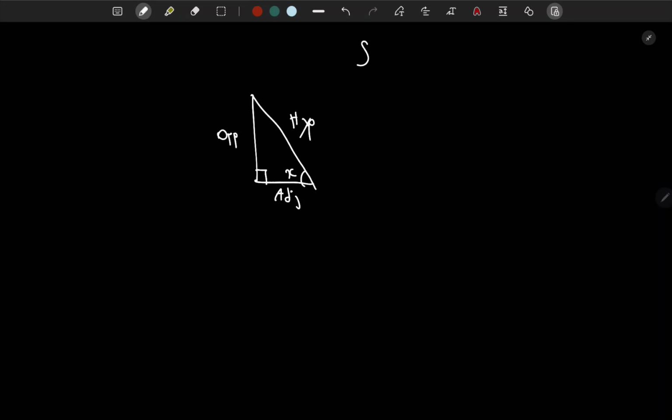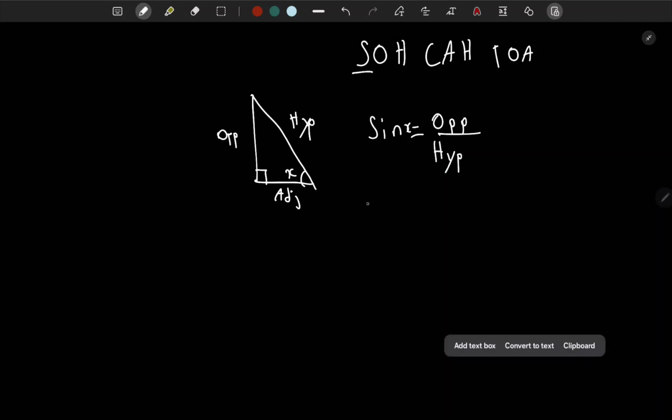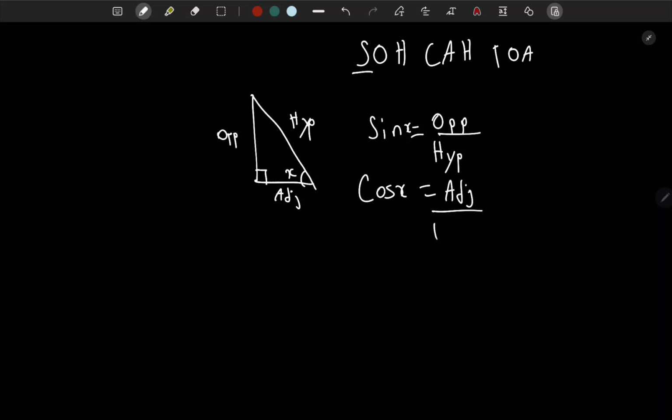And you must have heard of SOH CAH TOA. So what this basically is, is that sine of the angle is opposite over hypotenuse, and cosine X is always going to be the adjacent side over hypotenuse, and tan is going to be opposite over adjacent side.